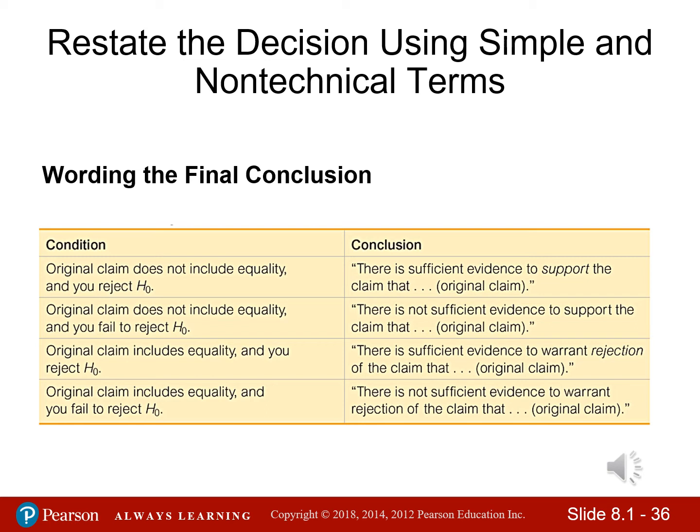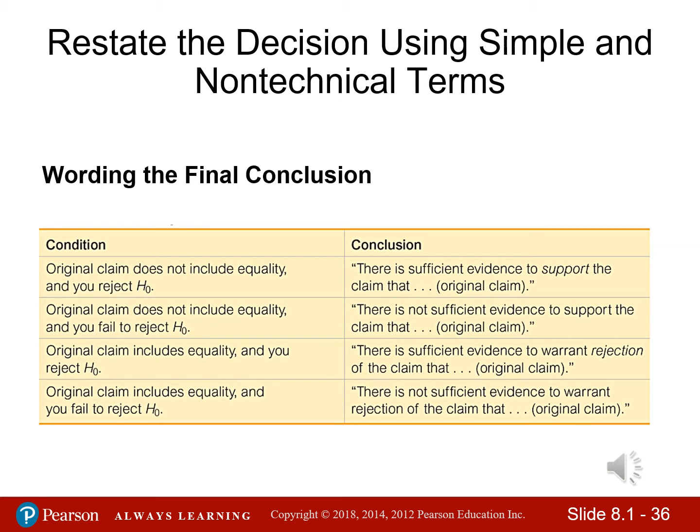So if our condition is that the original claim does not include the equality and you reject H0, then the conclusion would be there is sufficient evidence to support the claim that, and then restate your claim. If the condition is that the original claim does not include the equality and you fail to reject the null hypothesis, you would state that there is not sufficient evidence to support the claim that, and then state your original claim.